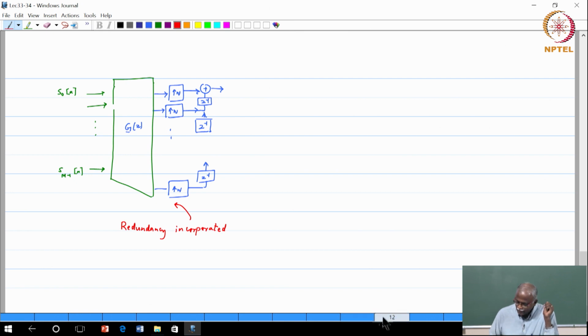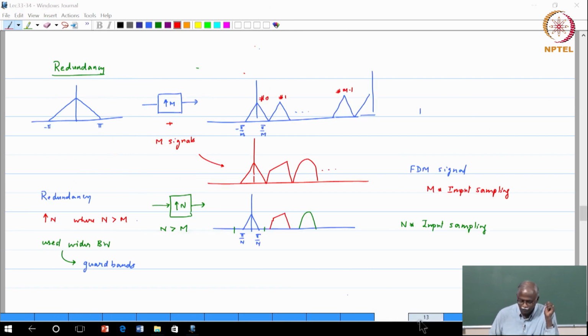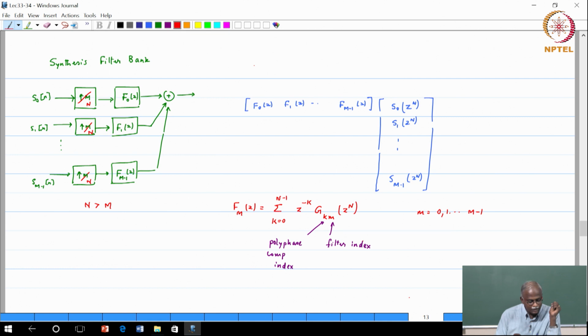Now, if you go back to the synthesis filter bank, the synthesis filter bank basically says that I am upsampling by a factor of n, filtering by f naught, correct? Okay. Can you tell me how to write down the expression if I call this u naught of n? Can you tell me how to write down that expression?